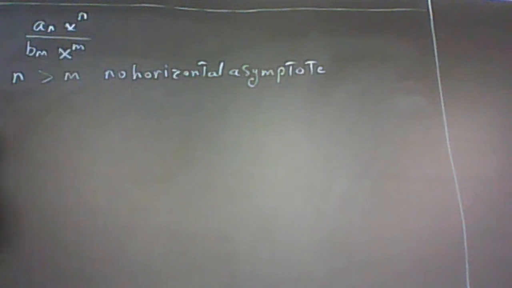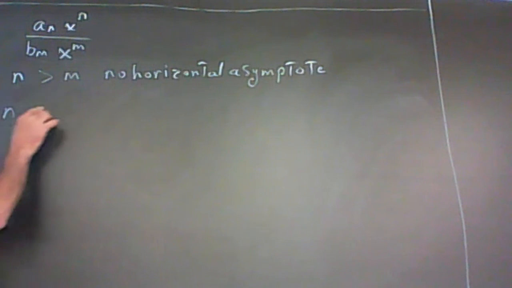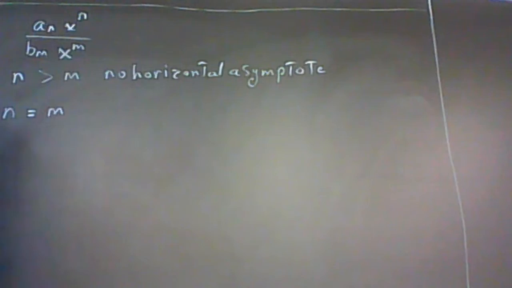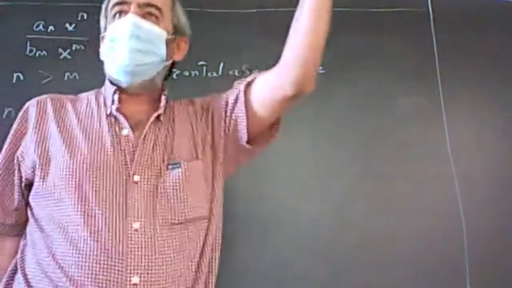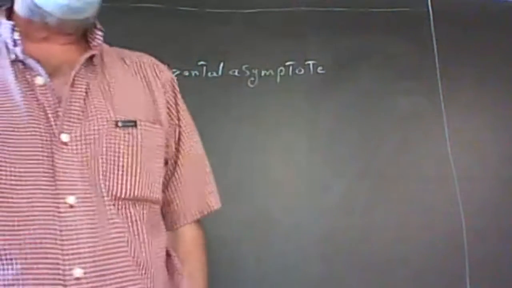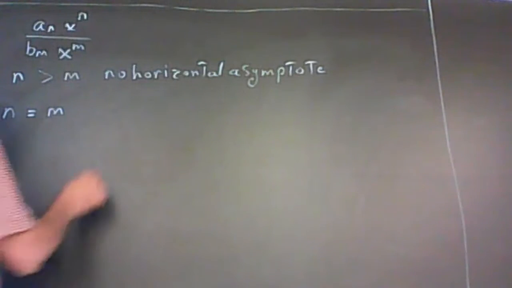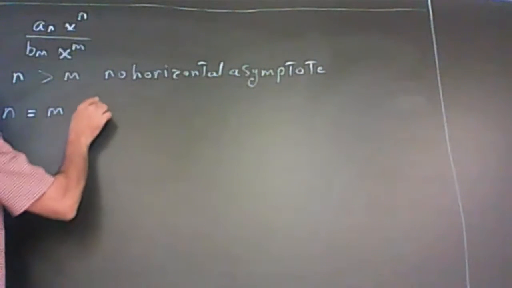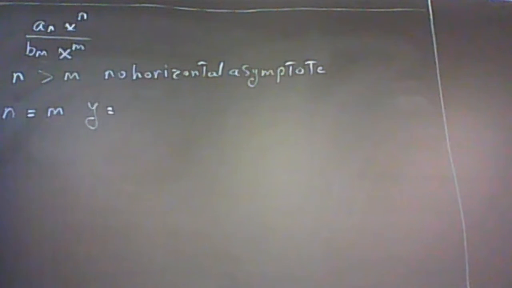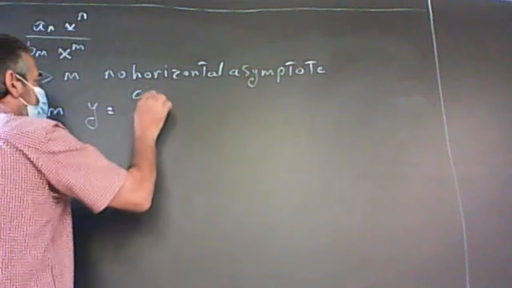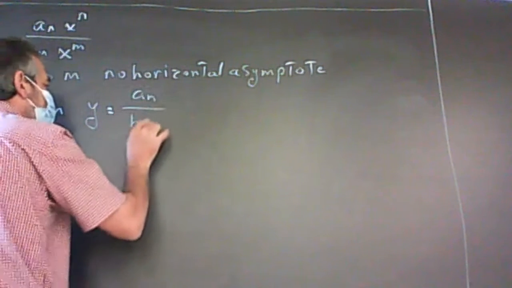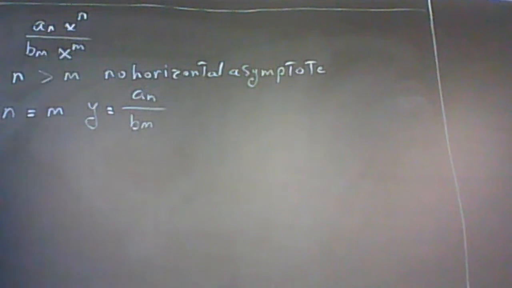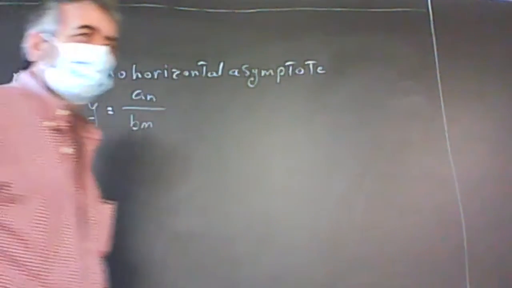If condition number 2, n and m are the same. So another way, let's say you have x squared on top, x squared on the bottom. The horizontal asymptote is y equals the ratio of the coefficients of those exponents, an over bm.